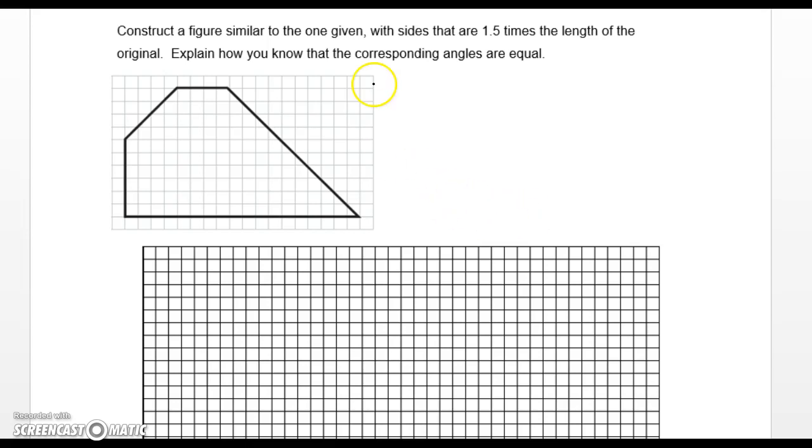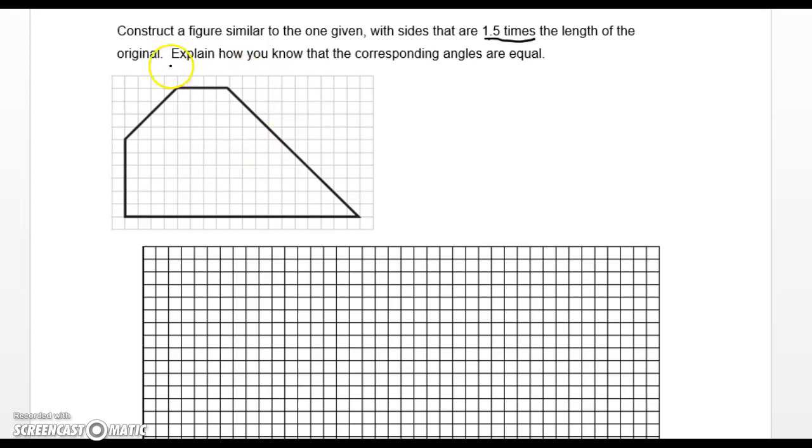So here it tells us that we're going to be increasing our dimensions by 1.5. Whenever it says that we're going to increase something by 1.5 times the length, that right there is telling us our factor.